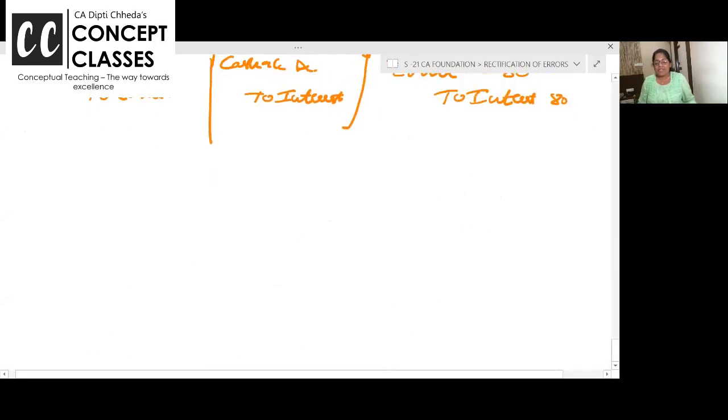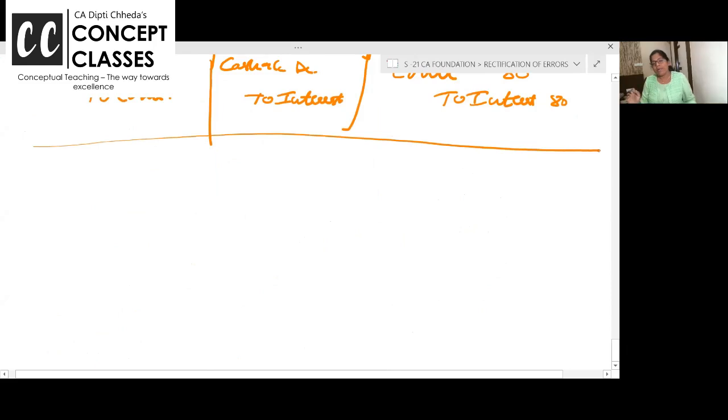Wrong entry, correct entry. Can we directly go now by the rectifying entry we have to pass?